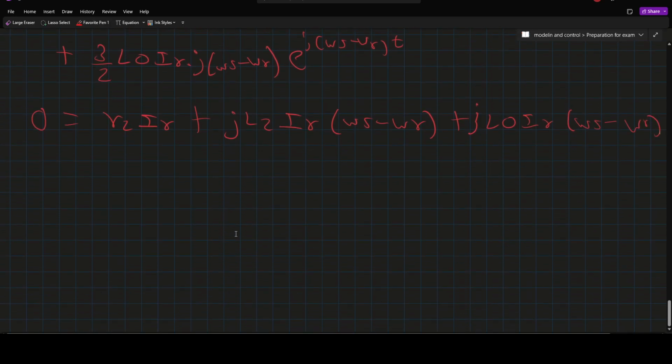Now, we know that in a previous video we figured out that omega s minus omega r was our slip speed. And our slip is equal to omega s minus omega r over omega s.